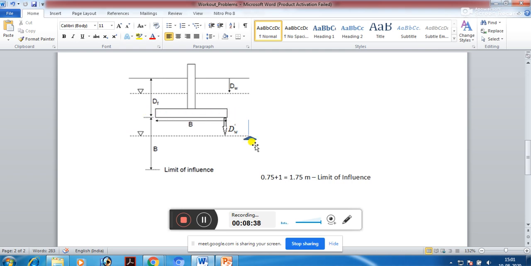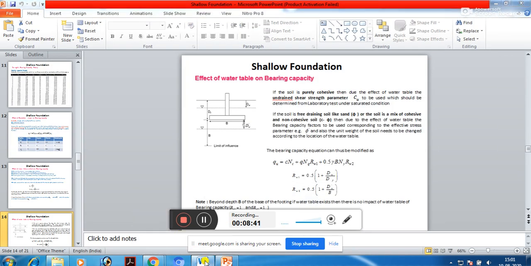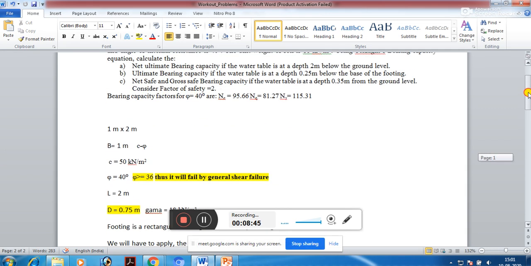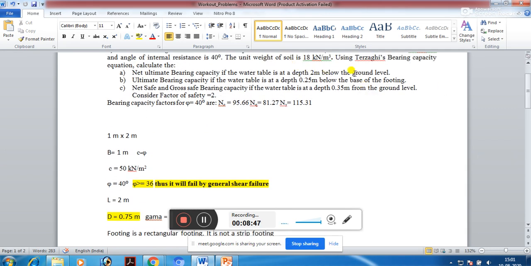You should understand this properly. In the previous case, we saw the location of the water table from the ground level. This is very important. Whereas in this case, the water table is at a depth of 0.25 meter below the base of the footing.